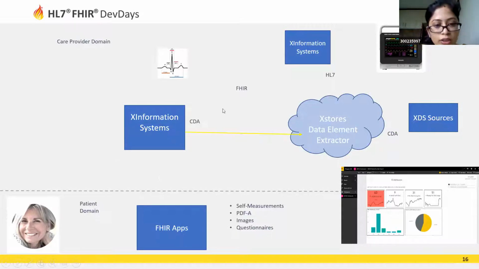In this scenario, you have the different information systems, which would traditionally be sending the CDA documents via the HL7 route or via the XDS routes. Then we have the EMRs and the other systems, which would still continue to send some of the data in the HL7 formats, to bring about the data interoperability.